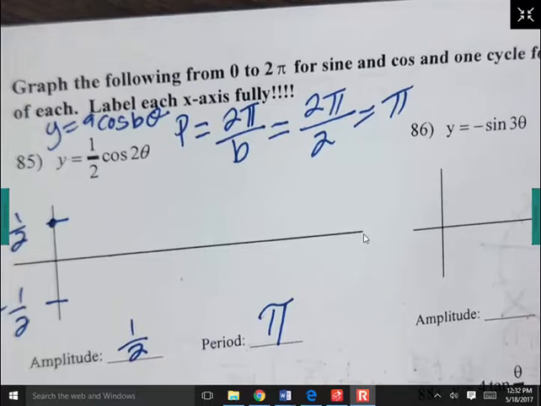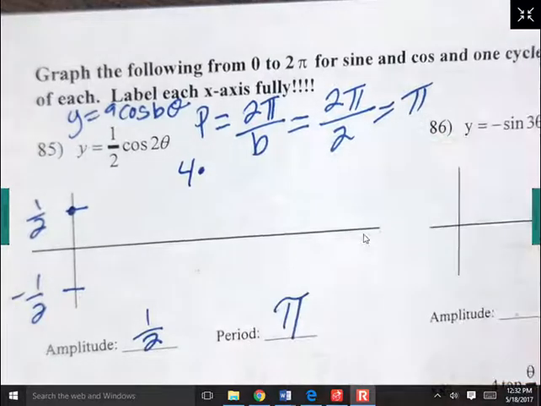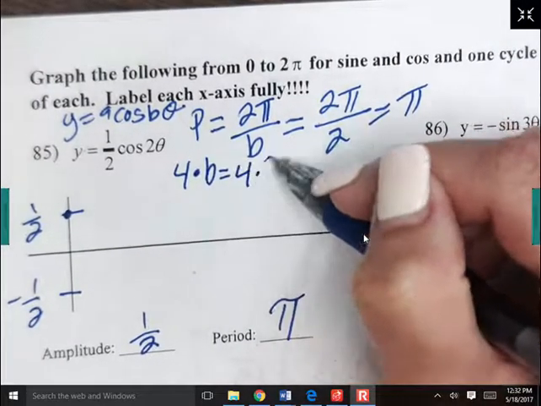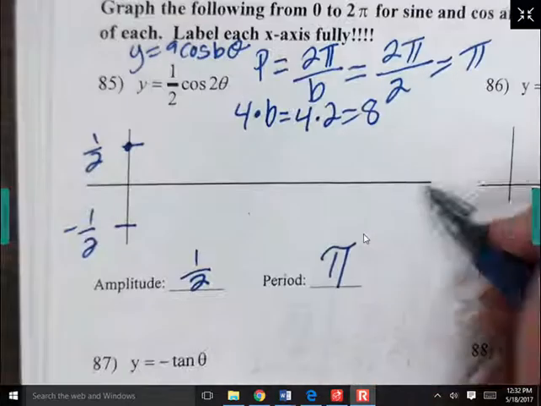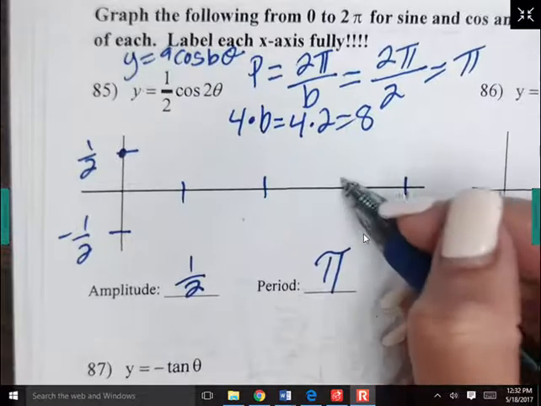We can do this by multiplying 4 times the number of cycles, which would be 4 times b. In this case, that's 4 times 2, which is 8. So we are breaking up 2 pi into 8 equal pieces.